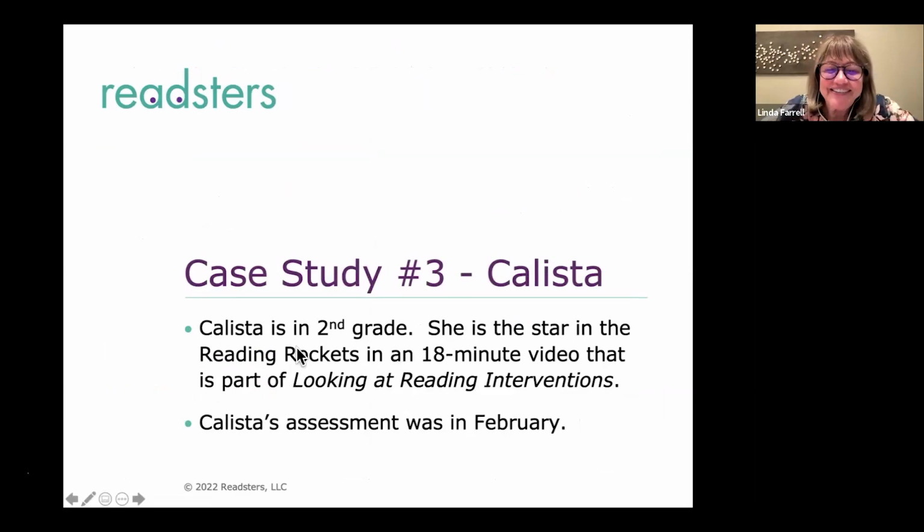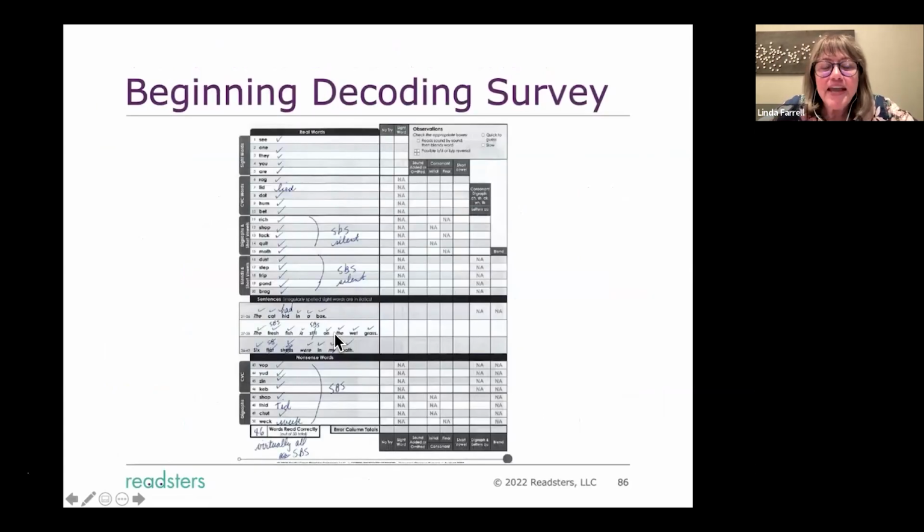So Kalista is in 2nd grade. Some of you may have seen my Reading Rocket videos, and Kalista is the star student in the Reading Rocket videos. So let's look at Kalista. This is Kalista's beginning decoding survey. And the most important thing I want you to see is she has lots of accurates here on CVC words, but she's reading them sound by sound.